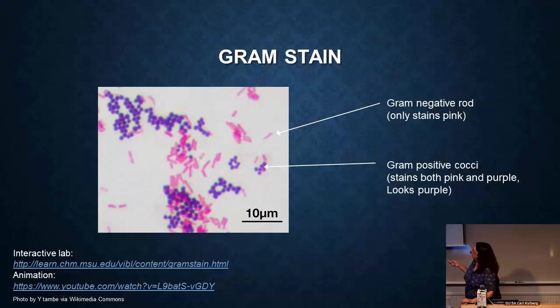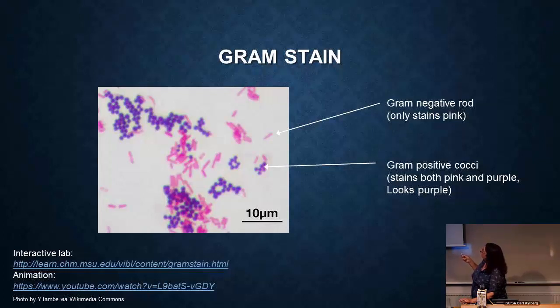And then you have some bacteria where the purple washes away right away when you do this Gram stain, and they stain only pink. We call these Gram negative, that are pink, and Gram positive, that are actually purple.